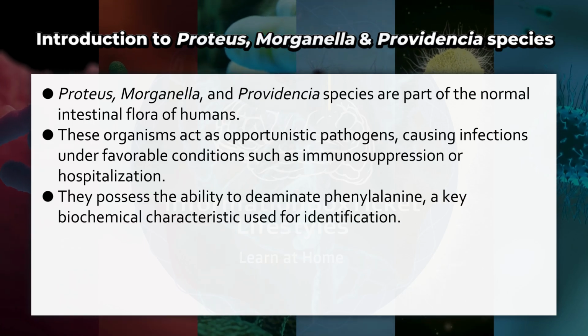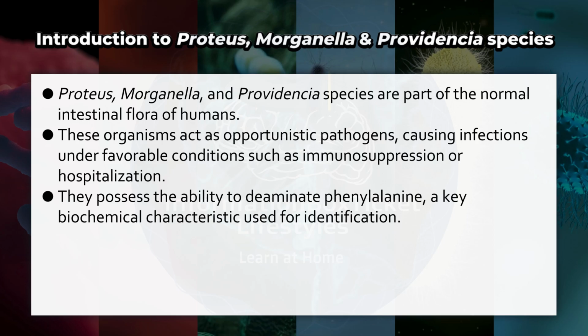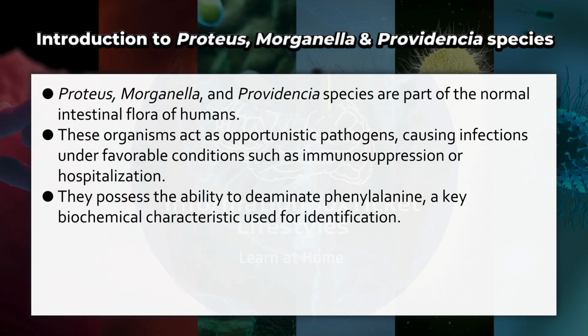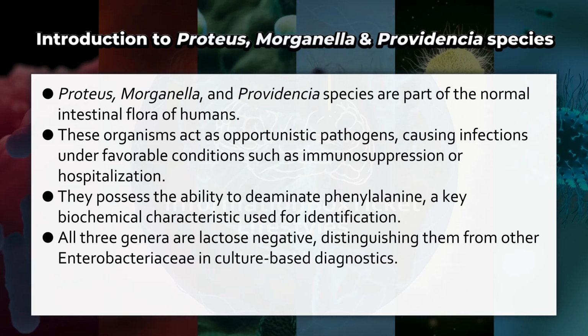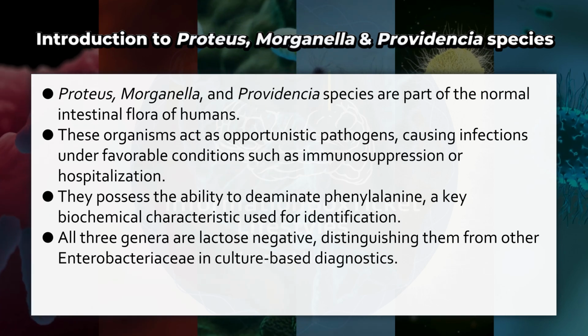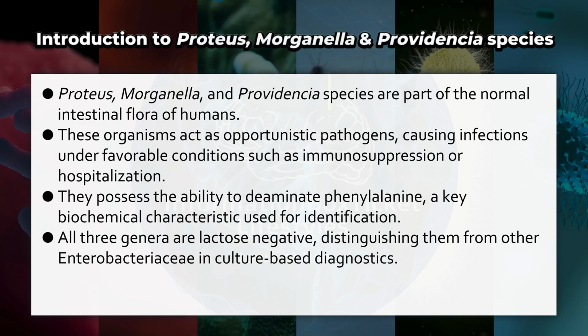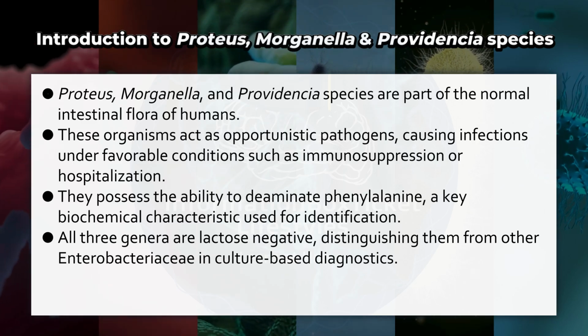They possess the ability to deaminate phenylalanine, a key biochemical characteristic used for identification. All 3 genera are lactose negative, distinguishing them from other Enterobacteriaceae in culture-based diagnostics.